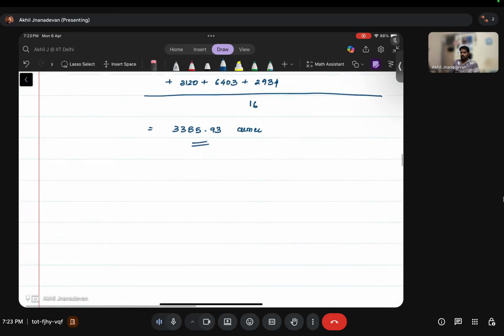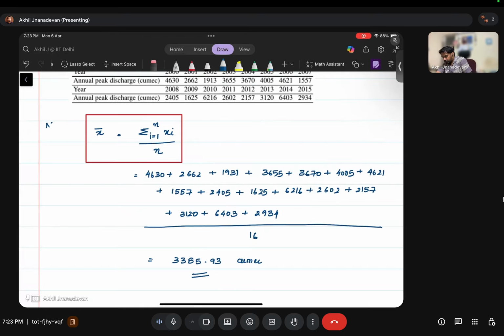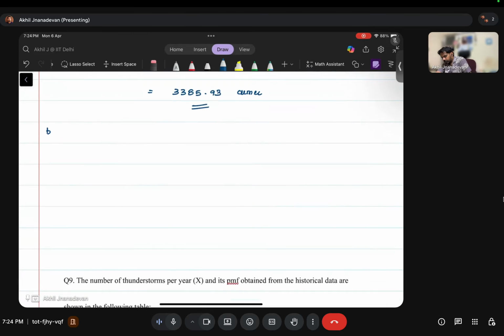Okay, that is the central measure. Central tendency means the values are centered around this particular value. Okay, so next is variance. So we got the mean. Now we can go for variance.